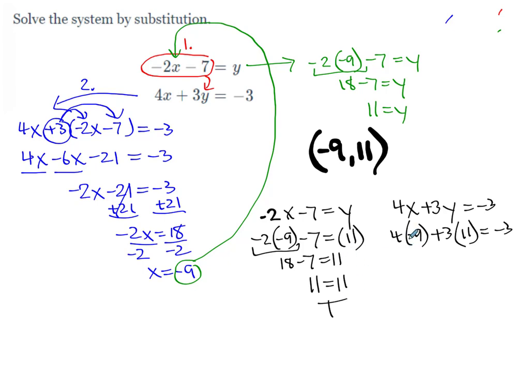That works there. I'm going to multiply here and multiply here because we multiply before we add. So that's negative 36 plus 33 should be equal to negative 3. And then negative 36 plus 33, that's negative 3 equals negative 3, which again is true. Because it works in both, we're guaranteed that we have it.